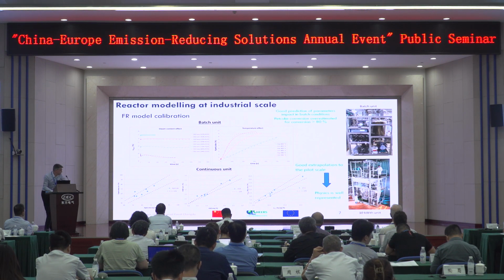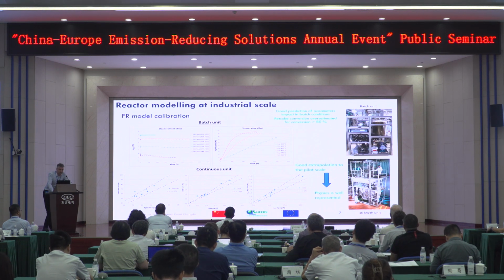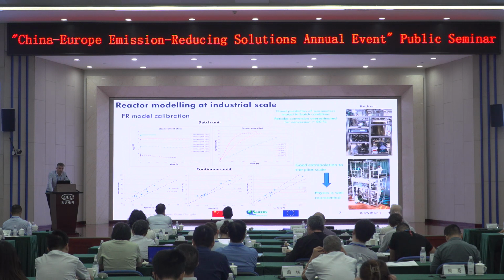At the bottom of the slide, we see the good correlation with the pilot scale, because the experimental data are in correlation with simulated data for different parameters such as the vector conversions, R0 delta X, and other parameters. So we think after those two steps of scaling up that the physics of the model is well represented.